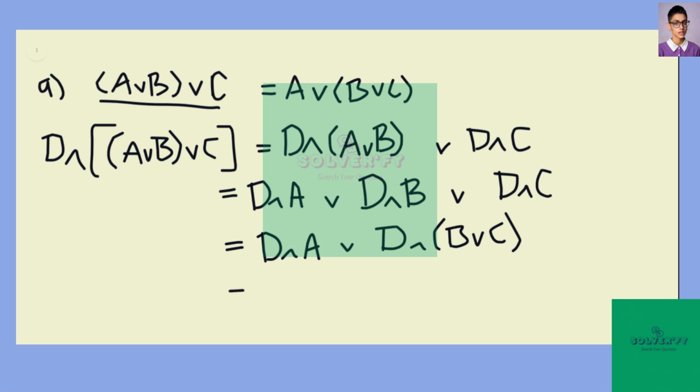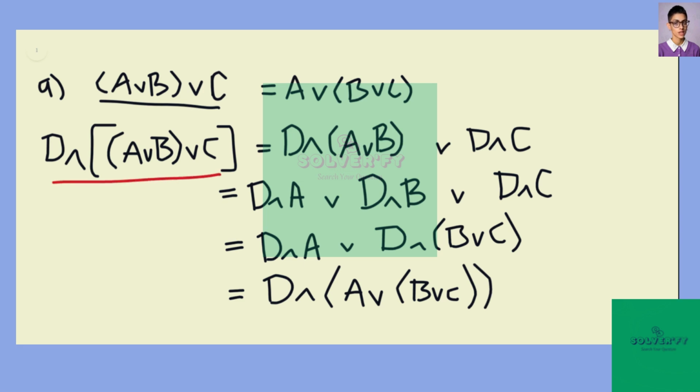And by that exact same property again, we get this is the same as D and A or B or C. Right, and so if this and this are equivalent, then it follows that the expressions here must also be equivalent, right?